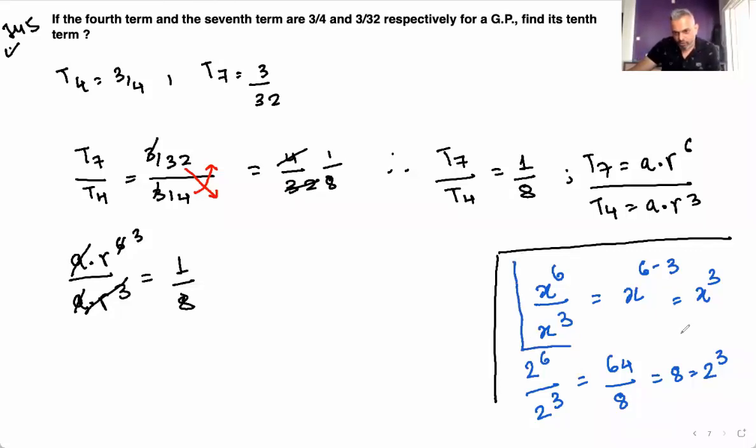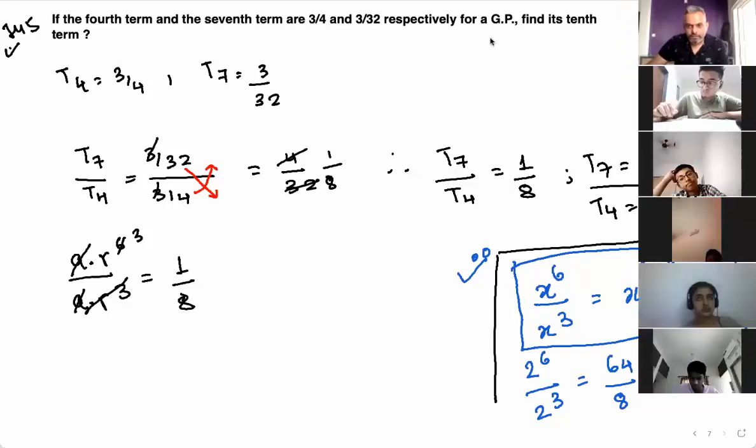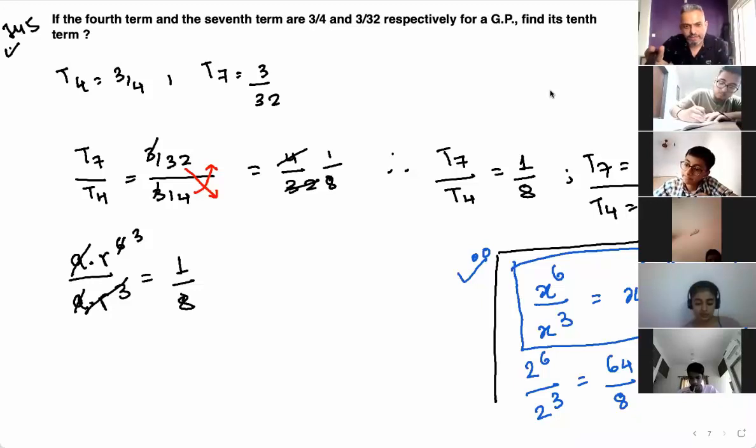So this is the rule you have to remember. Important. Please write this. Did everyone understand? Don't do 3 2s are 6, otherwise it will go wrong. This is the rule of indices. Did everyone understand?